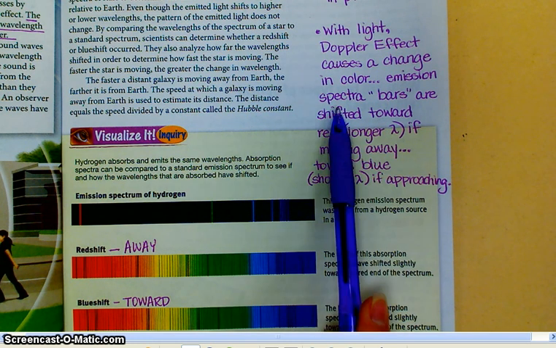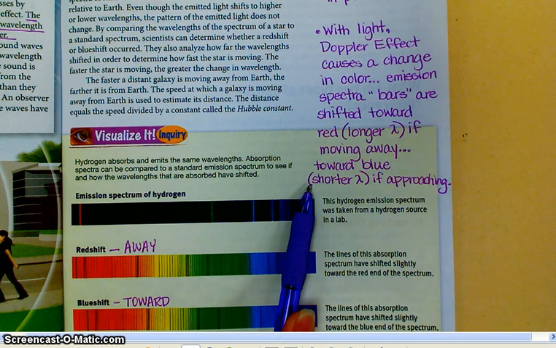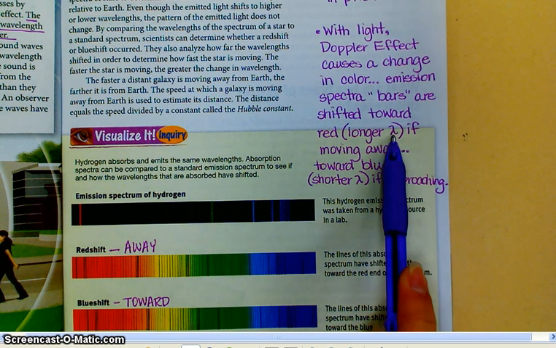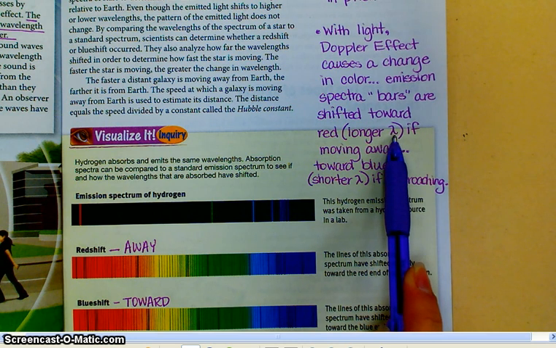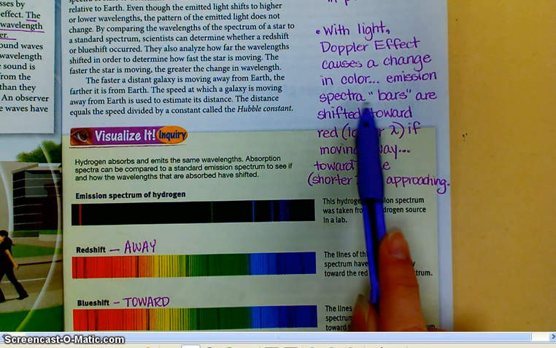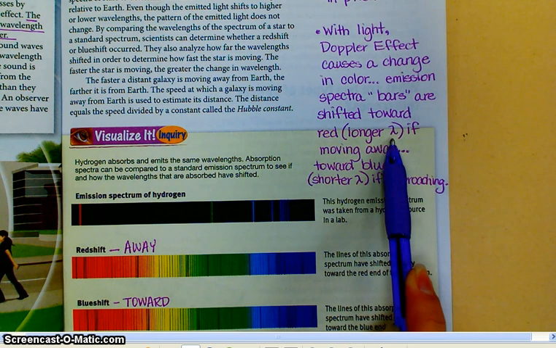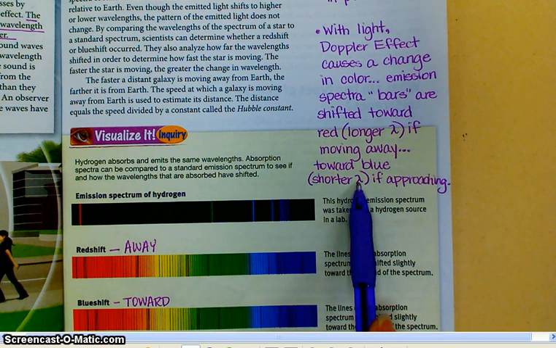Those emission spectra bars are shifted towards the red end of the spectrum if the object's moving away, and they're shifted towards the blue end of the spectrum if the object is approaching. This funny looking little thing is a Greek letter lambda, and it is what scientists use to represent the word wavelength. So this really says emission spectra bars are shifted towards the red or the longer wavelengths if moving away, and towards the blue or shorter wavelengths if they're approaching.